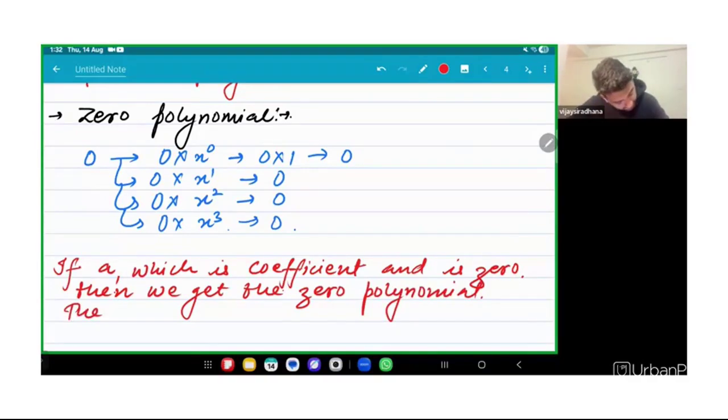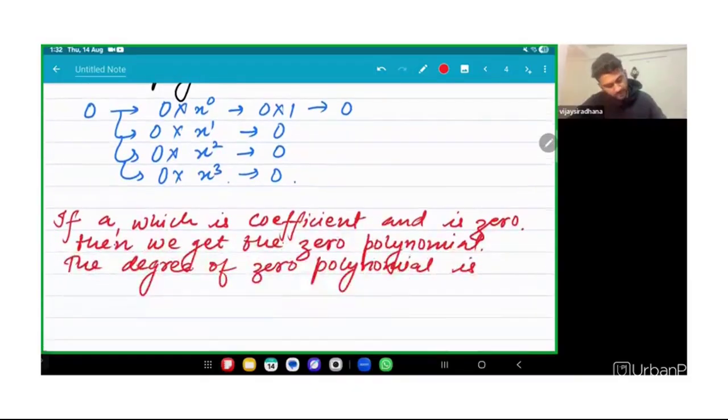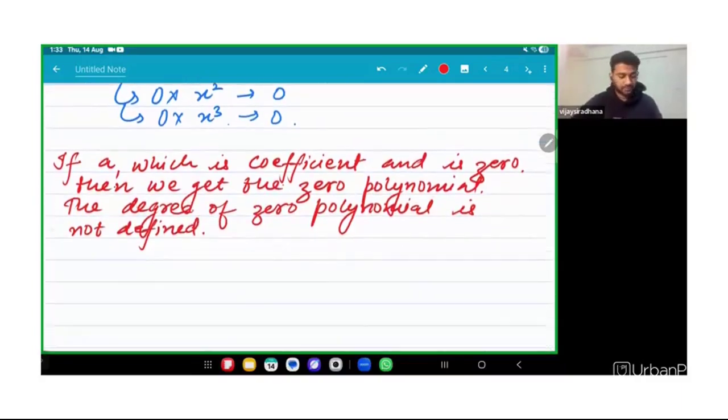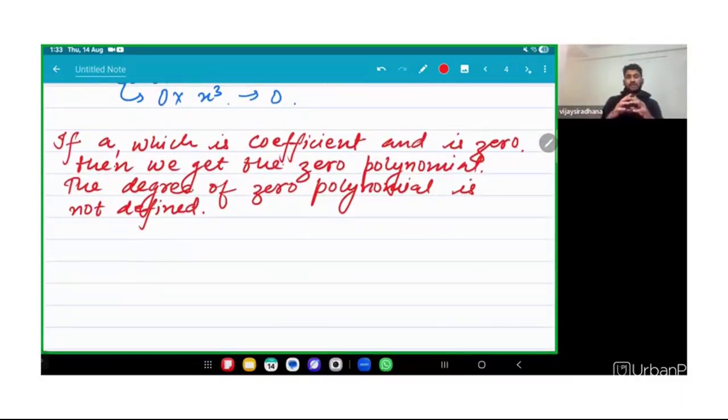The degree of zero polynomial is not defined. Not defined. So these are the types of polynomial we just read.